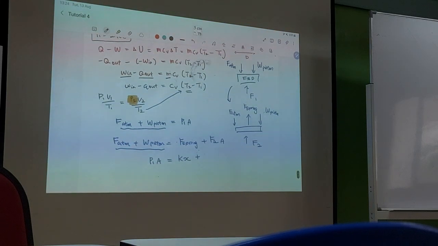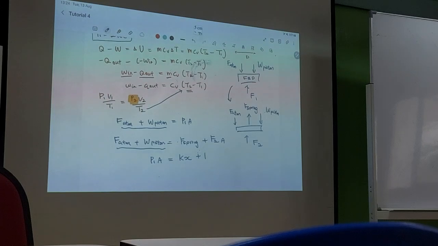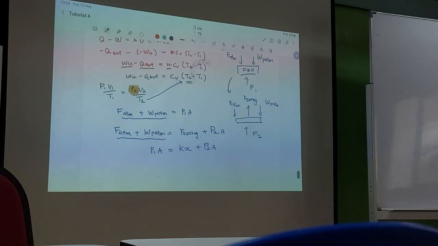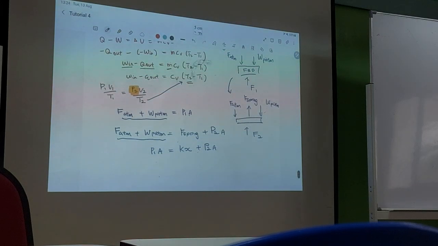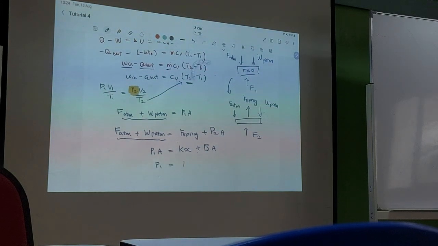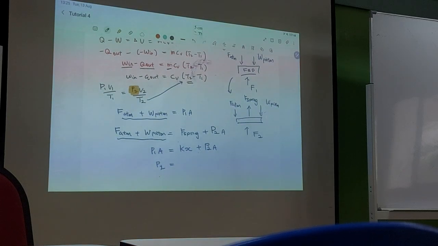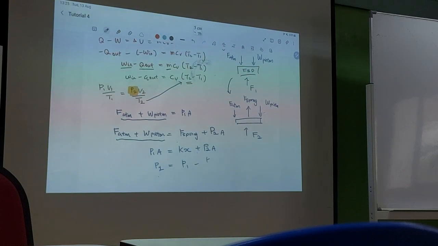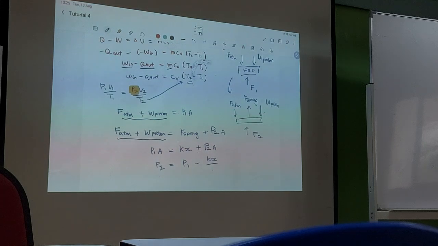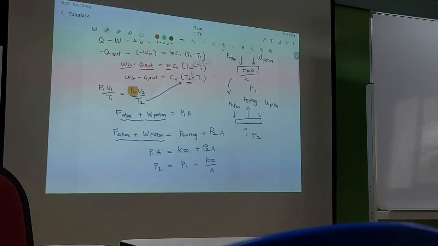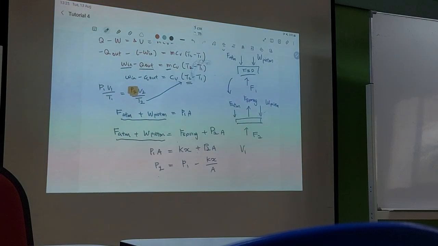Then here, this one is P. Sorry, not F2. It's P2. So then P2 over A. So from here you have the P1 value, and P2 equals P1 minus Kx over A. So x you can find as well because you know the initial volume.